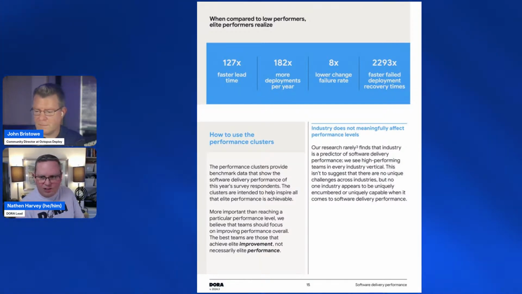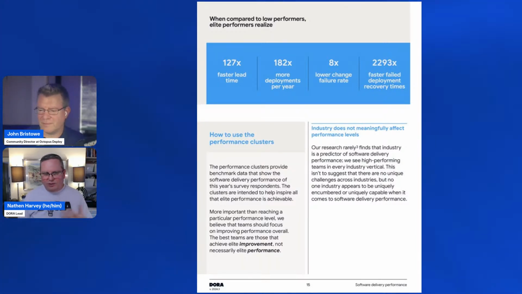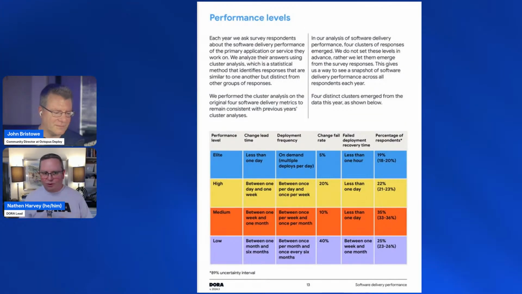And I've got to be honest with you, John, I don't like those labels at all. The reason we use them is that this is the 10th DORA report, and we've used these labels and similar ones throughout the last decade. The challenge is that, as you said, no one wants to show up at work to be a low performer. That doesn't feel good.